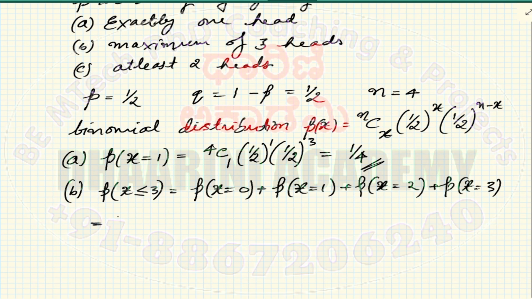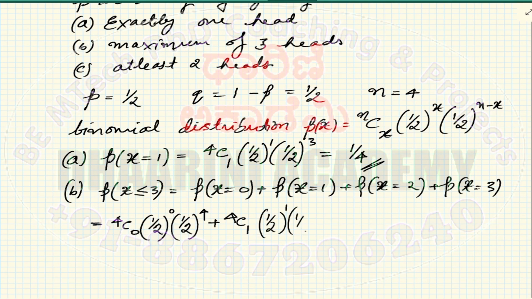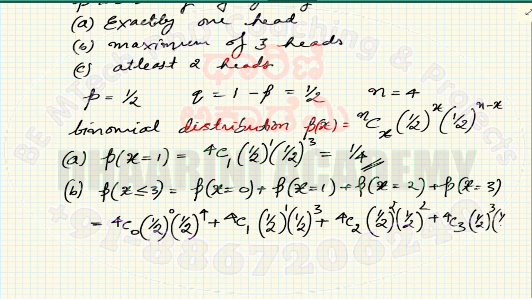So this is equal to, I'll write first x equal to 0, so that is 4c0 into half to the 0 into half to the 4 plus 4c1 half to the 1 half to the 3 plus 4c2 half to the 2 half to the 2, 4c3 half to the 3 half to the 1.